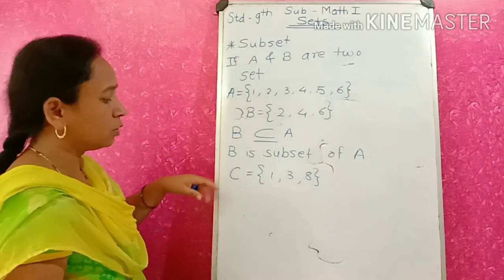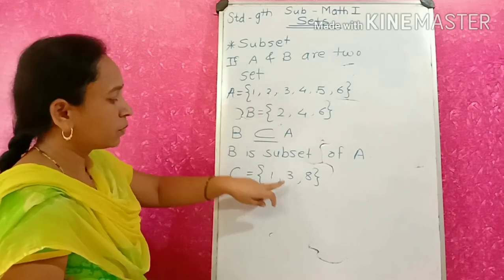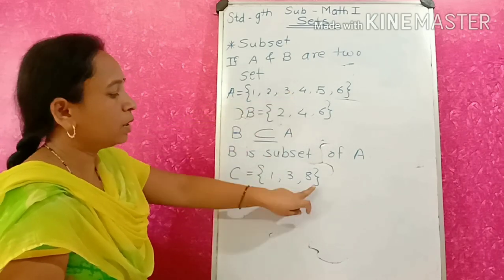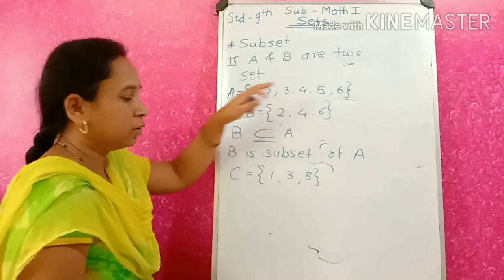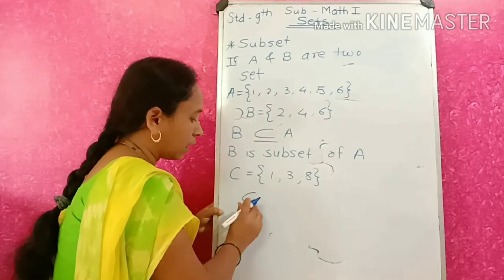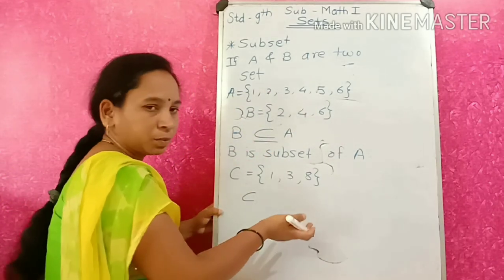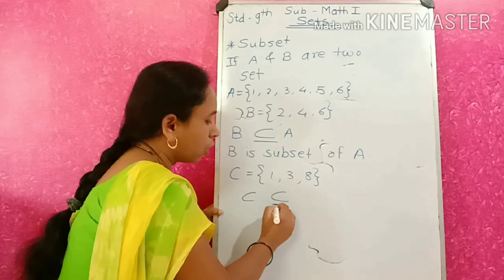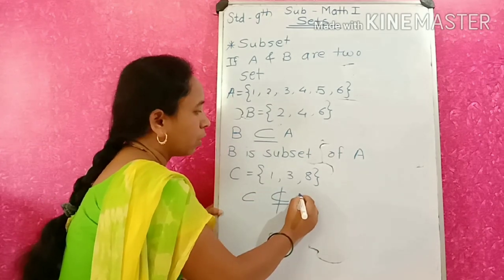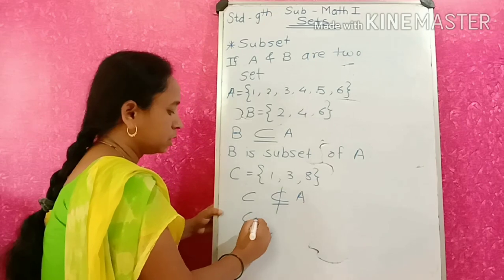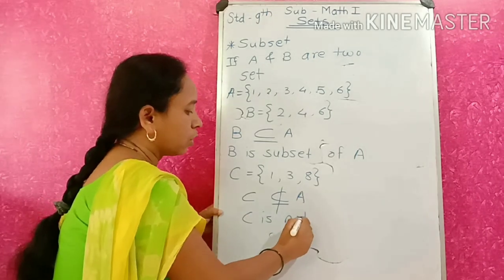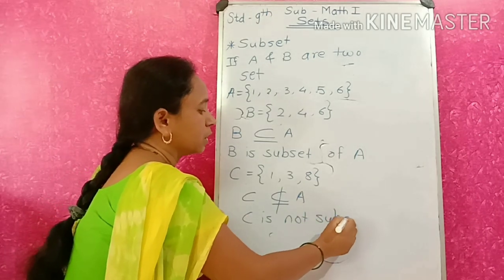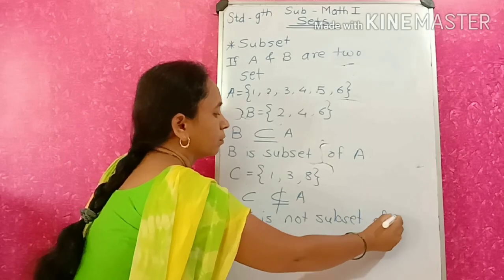Here if you observe, 1 is present in A, 3 is present in A, but 8 is not present in A. So here I can't say that C is a subset. C is not a subset of A.